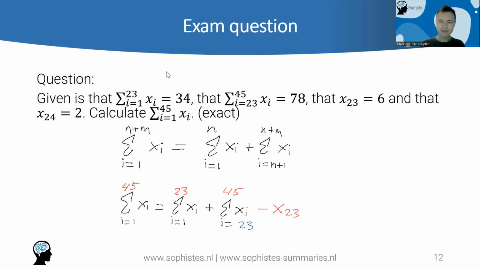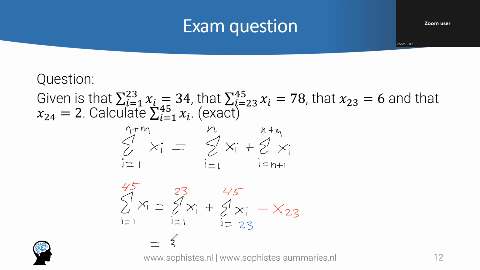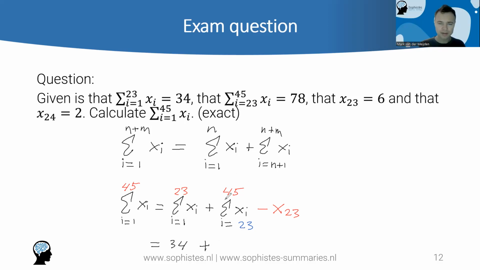Okay, and now I have everything I need. What is the value of the first summation here? 34. And the second one? 78.